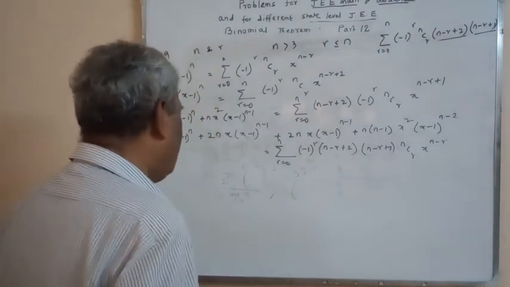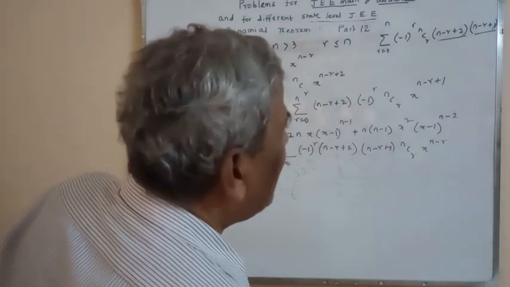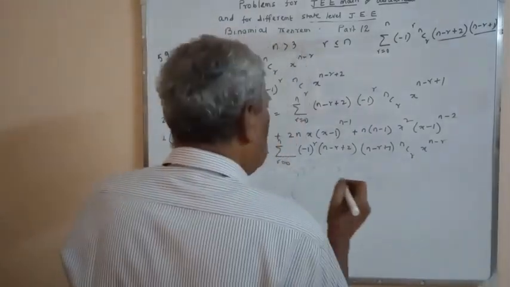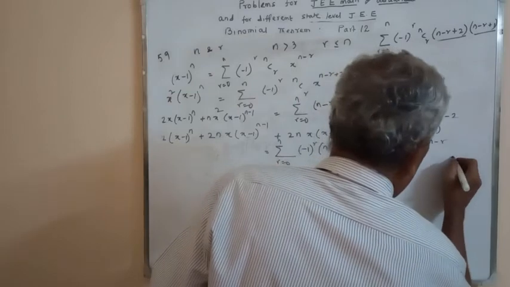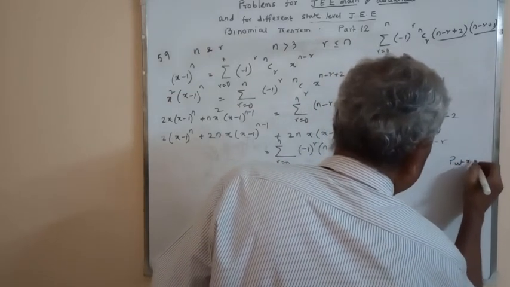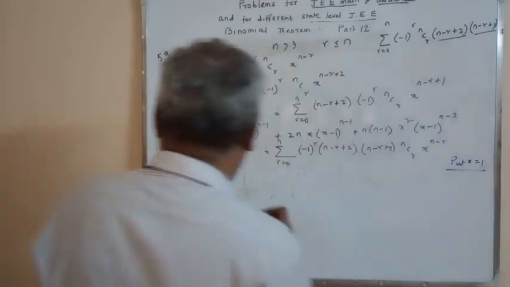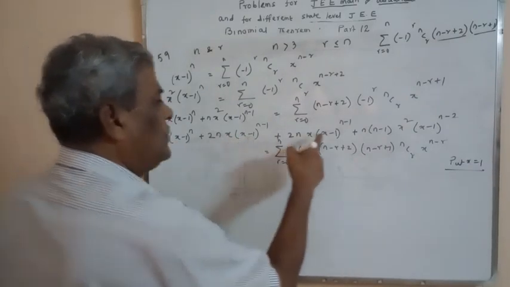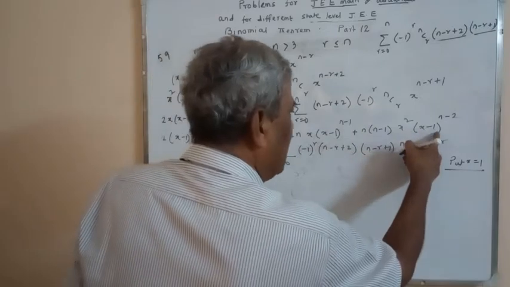Okay. Now put x equal to 1 on both sides. This is 0, this becomes 0, this becomes 0, this becomes 0.